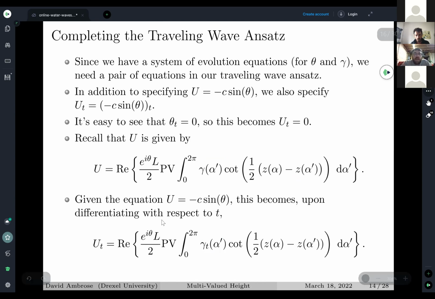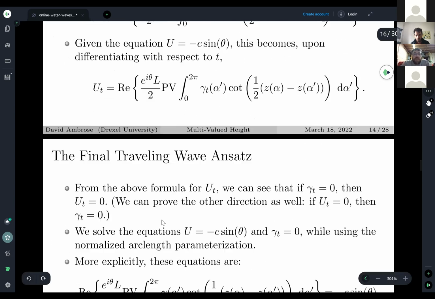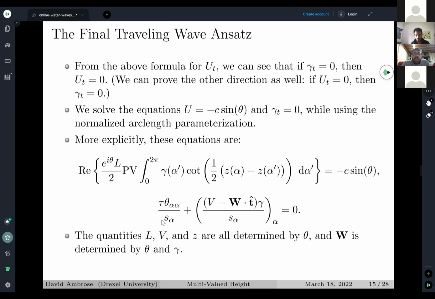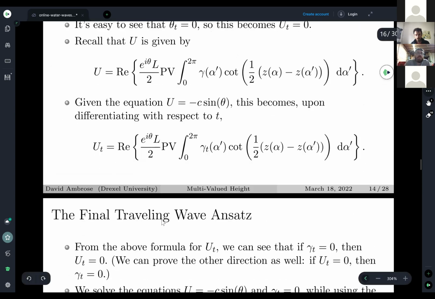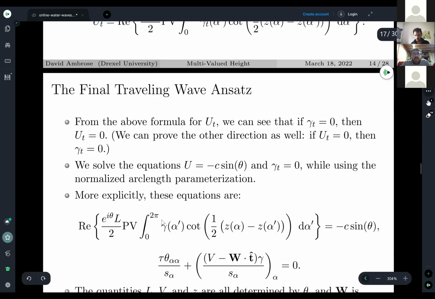That formula for u_t with gamma_t in it is a lot like the Hilbert transform of gamma_t. It's not exactly a Hilbert transform, or at least it's not exactly a flat Hilbert transform, but it's a lot like the Hilbert transform of gamma_t. And so if I say the Hilbert transform of gamma_t is 0, it's basically saying gamma_t is 0.